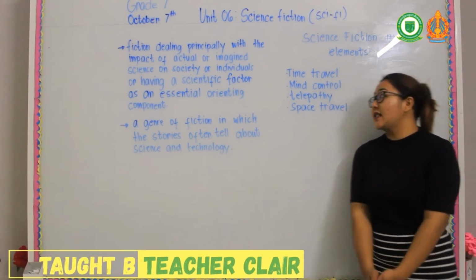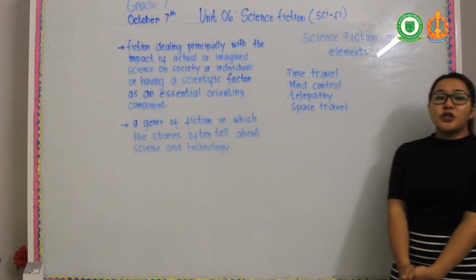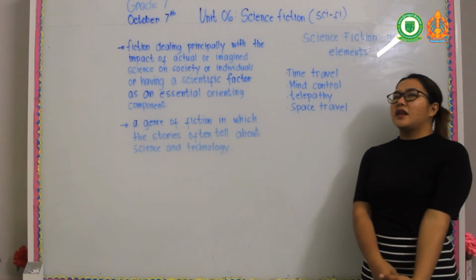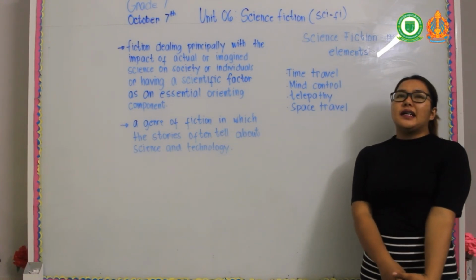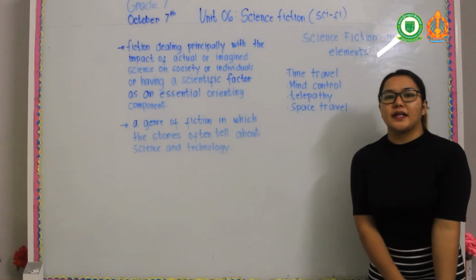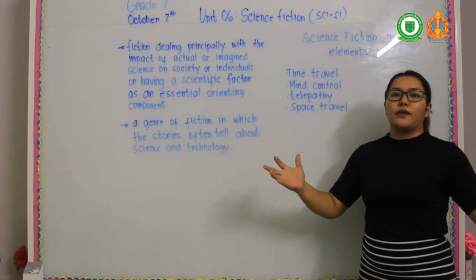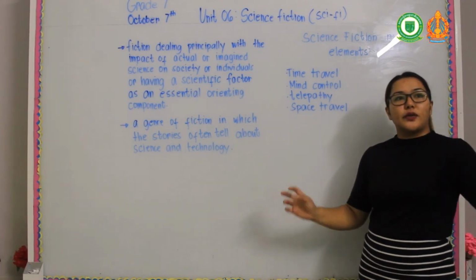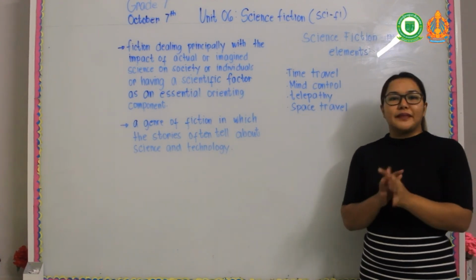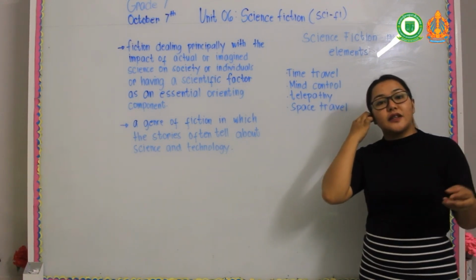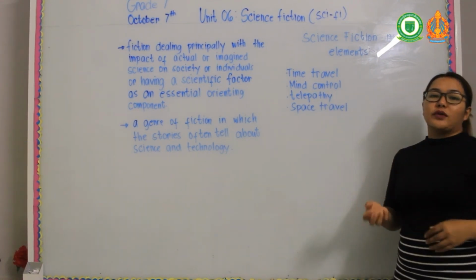That's telekinesis, telepathy. Space travel. It can be literally traveling outer space, outside Earth, and you can see the sun, the moon, Jupiter, Uranus, Mercury, Venus. If you want to take it literally, then yeah, going to outer space.